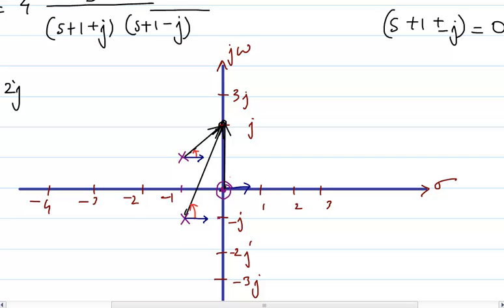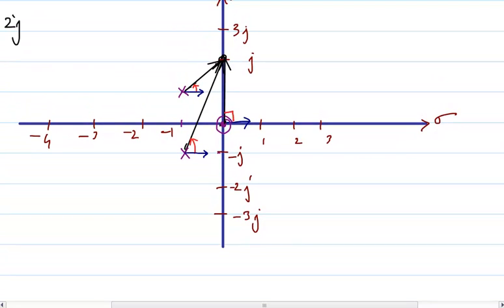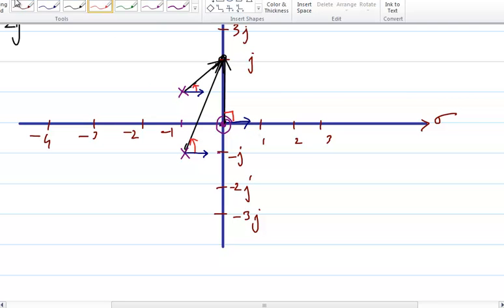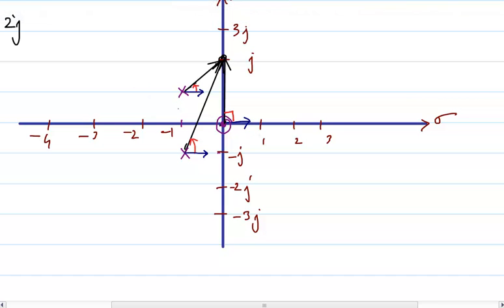The angle of this one is this much, which is obviously 90 degrees. So now what is the equation that we use? This is the magnitude. Since this is the zero, I can write this as the magnitude of zero and this is the angle of zero.